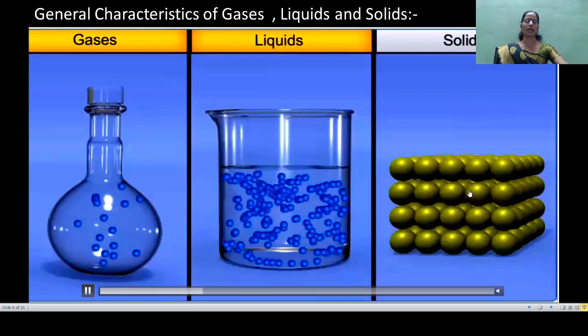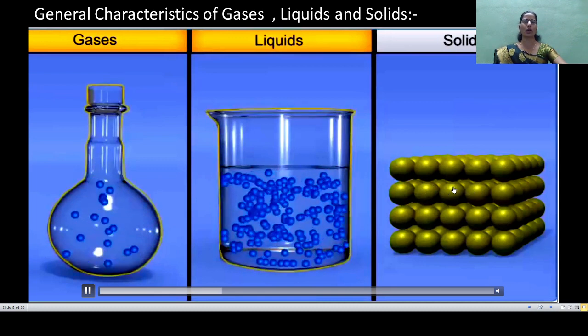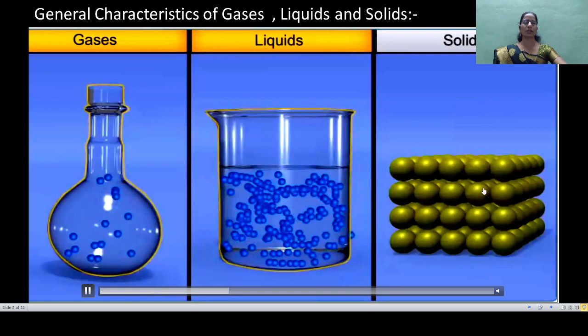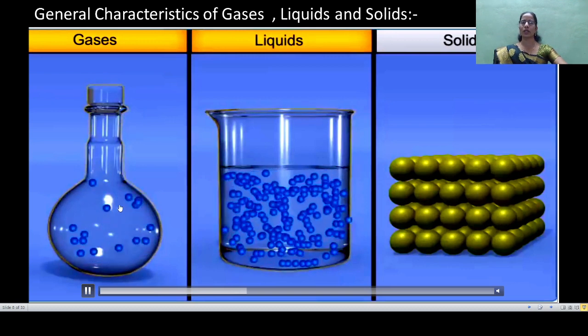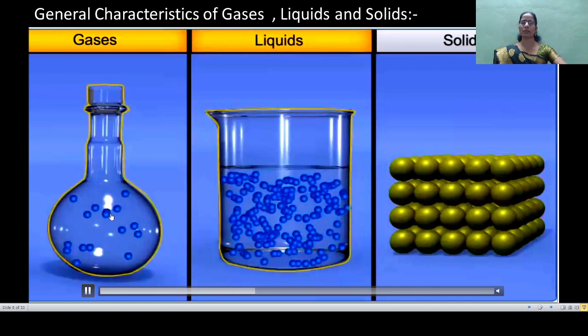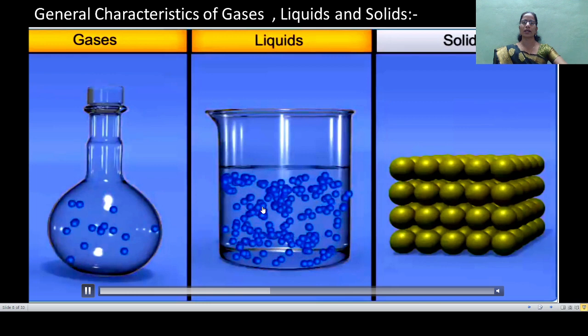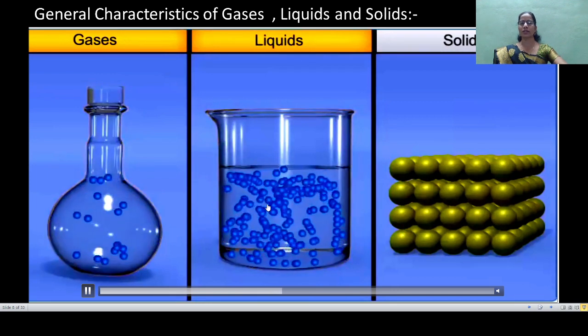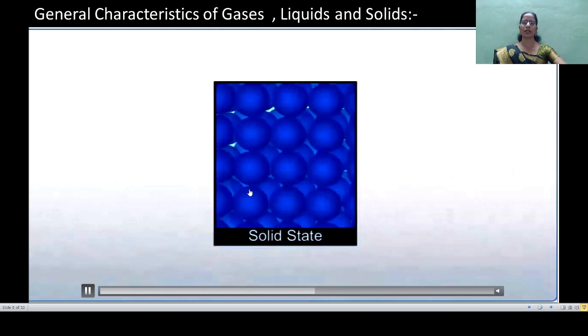But the particles in solid do not possess either translational or rotational motion. They possess only the vibrational motion. Due to this, the matter existing in gaseous and liquid state does not have a fixed shape. It occupies the shape of the container in which it is placed.